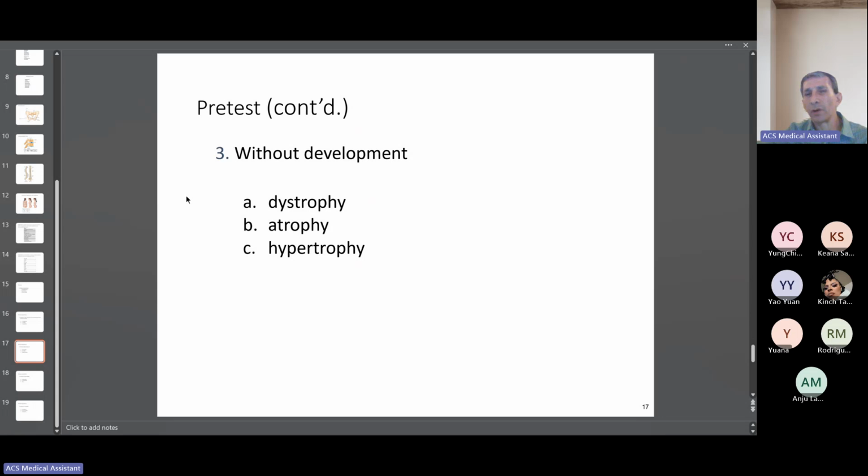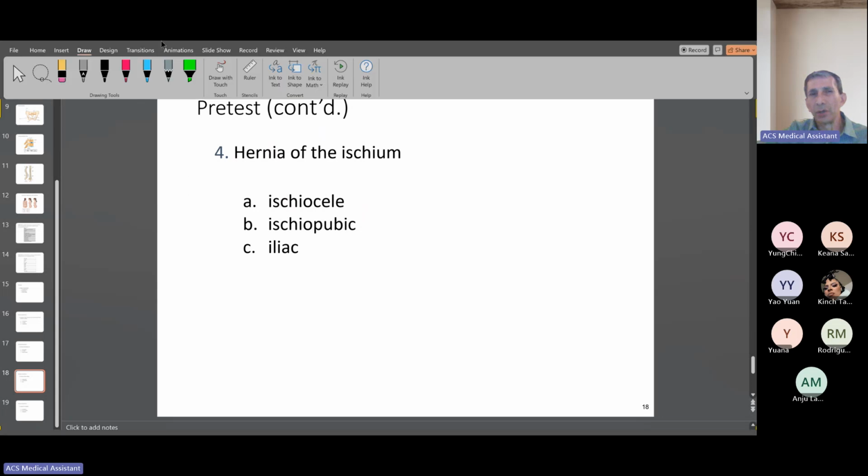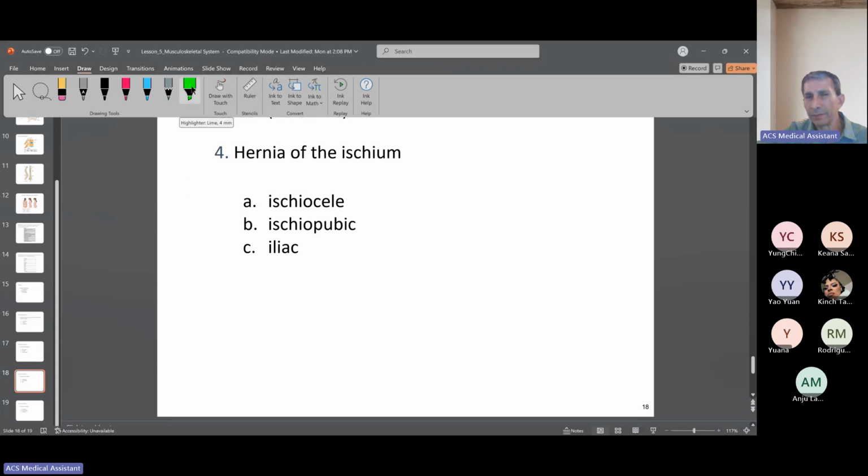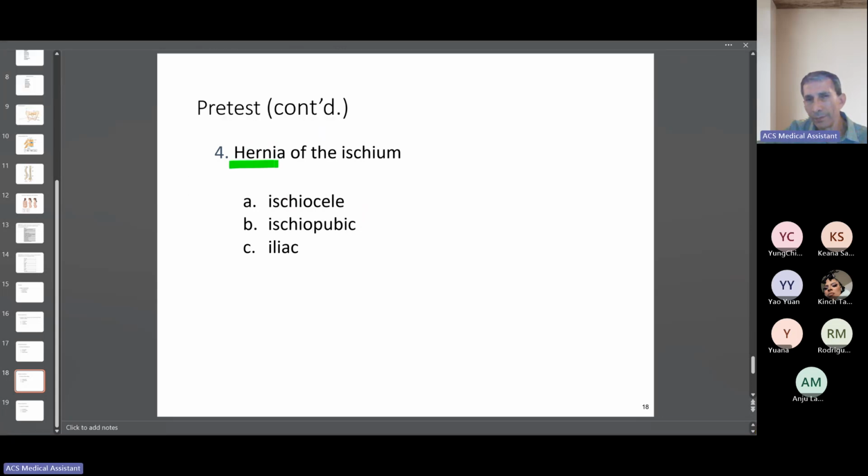Let's go to number 4, hernia of the ilium. So pay attention to the wording, hernia of the ilium. So probably we haven't seen some of them, but pay attention to the wording. Which one gives you most of the information?